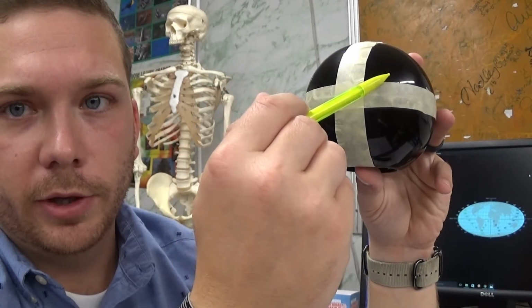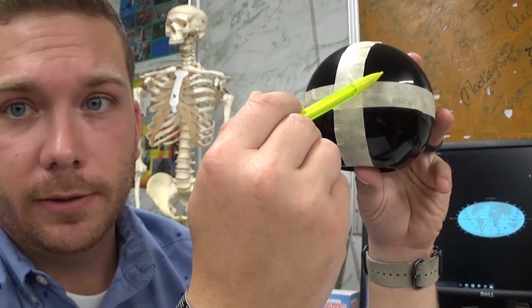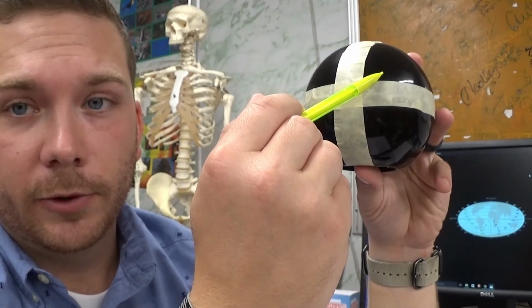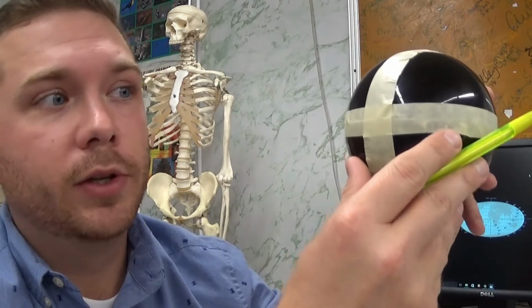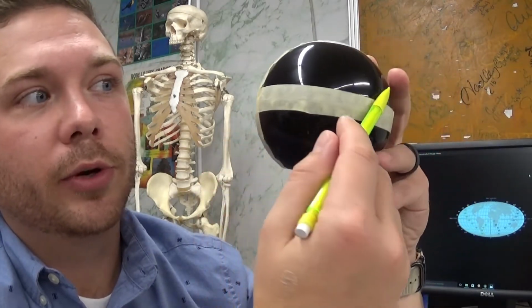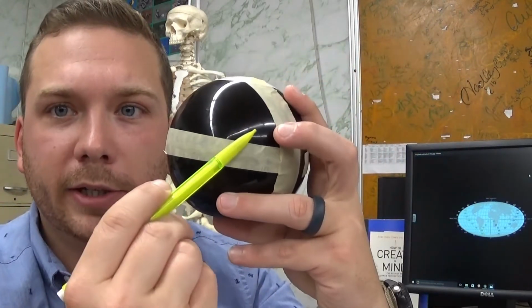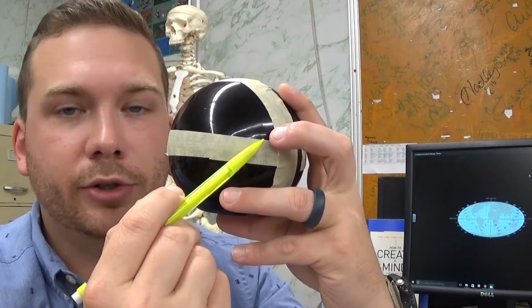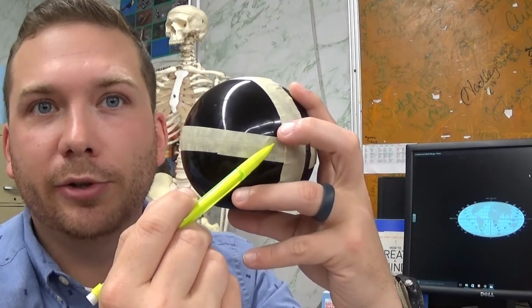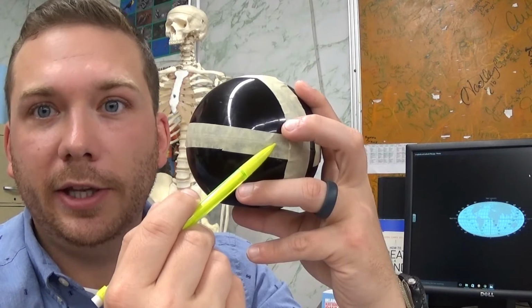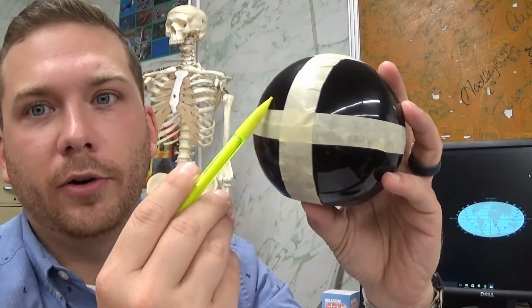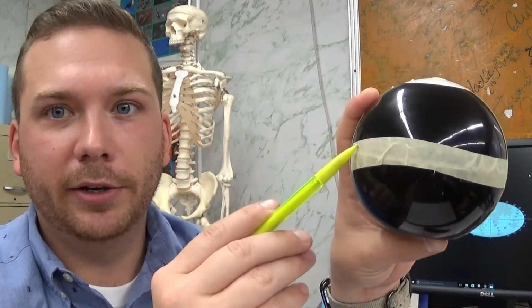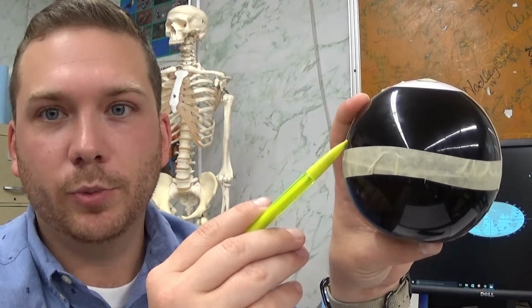If you go the other way, you would be 10 degrees east. Alright? So that's how that works. If you were to go almost all the way around back to here, you'd be 175 degrees east. If you went all the way around to back here, you'd be 175 degrees west.